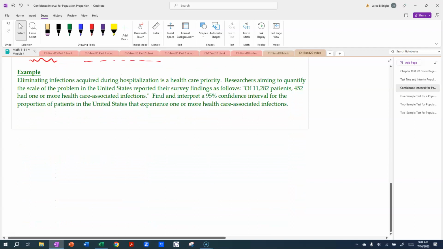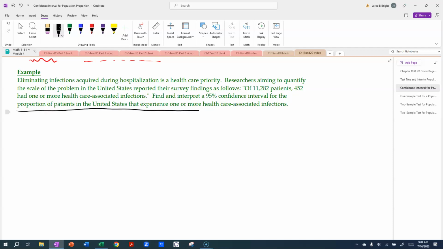So, example. You can read the instructions here, but the idea is we want to construct a 95% confidence interval for the proportion of patients in the United States that experience one or more healthcare associated infections. I am just going to be lazy and call all this that I'm underlining P. That would be our population proportion.